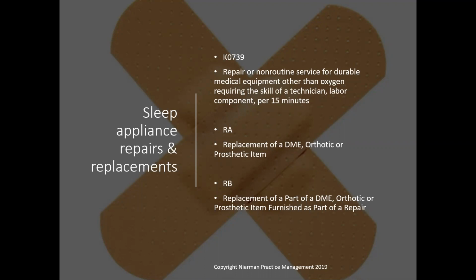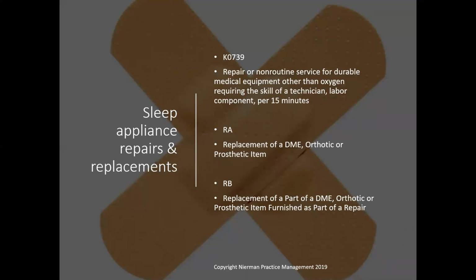Now, if you get to the point where you need to replace a sleep appliance, keep in mind Medicare will pay for a replacement sleep appliance every 5 years. Just like we've been talking about with the same and similar equipment, that 5-year period is going to apply for new appliances too.